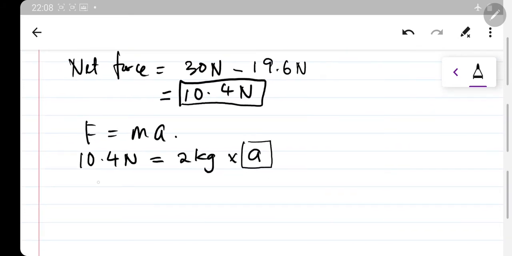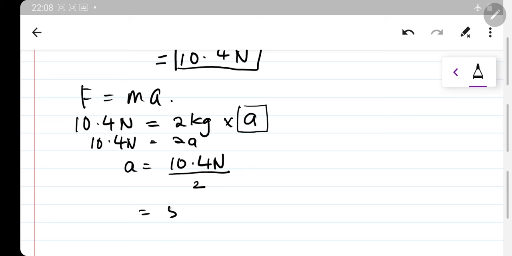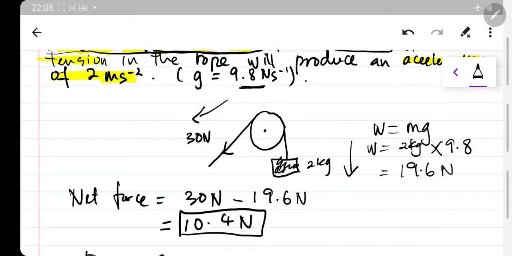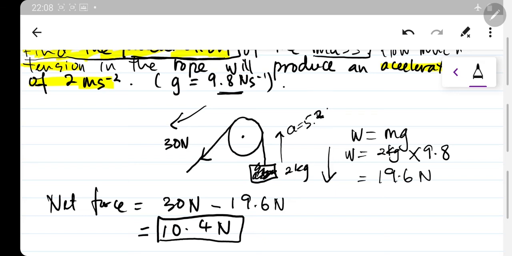So we get 10.4 Newton equals 2a. And then what is a? a equals 10.4 over 2. So we get 5.2. So this body will move upward with a equals 5.2. That is what the question wants.